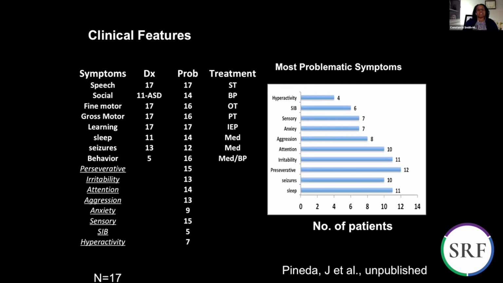However, 16 families reported that behavior significantly impacted their quality of life. The most problematic behavioral symptoms were attention, irritability, perseverative behaviors, and this was followed by sleep and seizures.